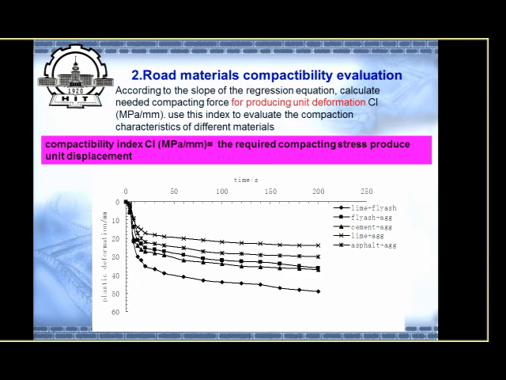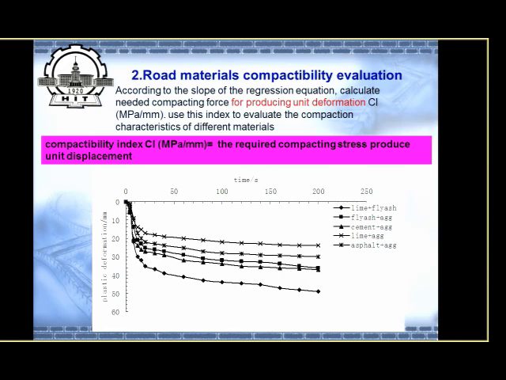This is the plastic deformation we get for different kinds of road material. When the vibration time is over 50 seconds, the vibration state becomes stable. We use a linear equation to regress it.